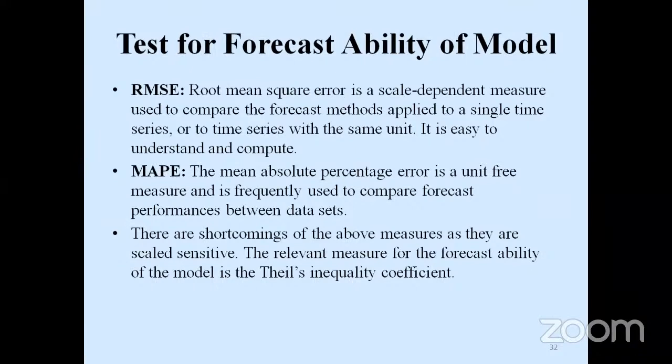So you all know RMSE, root mean square error, is a scale dependent measure used to compare forecast methods. And the question will be asked, what is RMSE? RMSE is a scale dependent measure used to compare the forecast methods applied to a single time series or two time series with the same unit. It is very easy to understand, and it can be computed easily also.